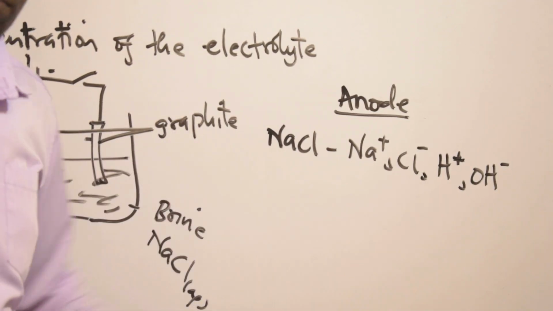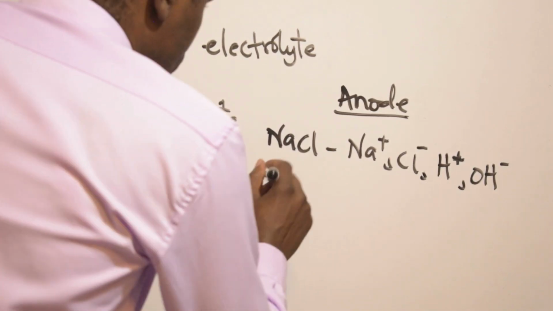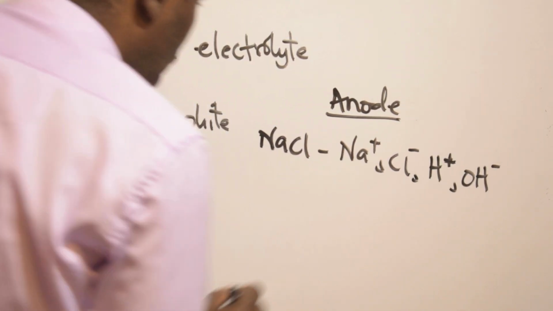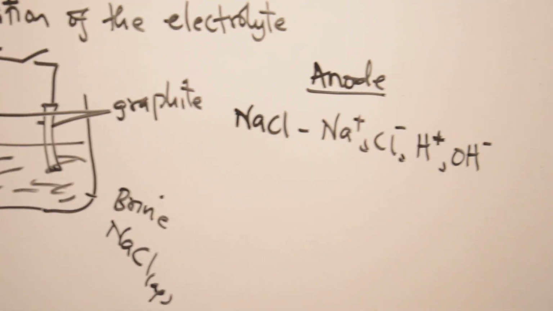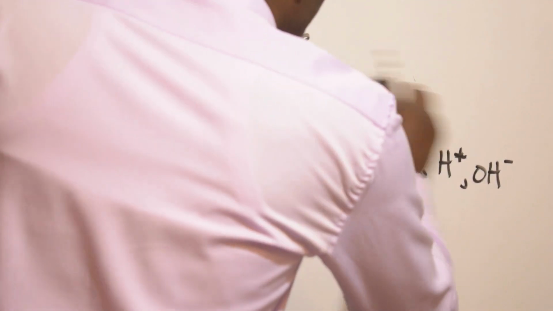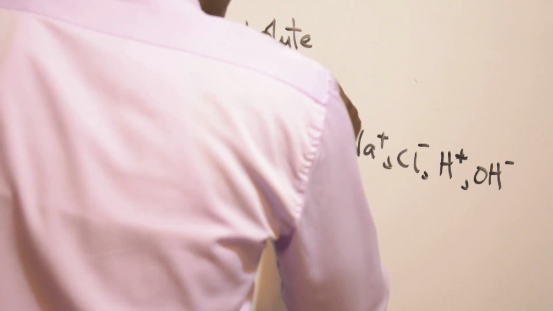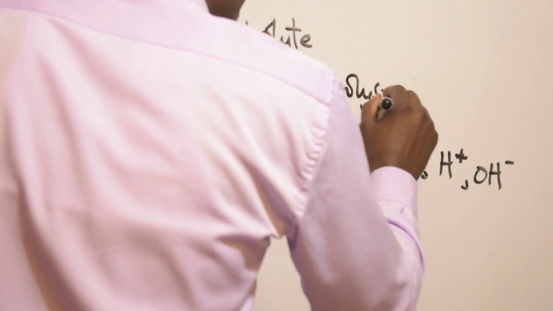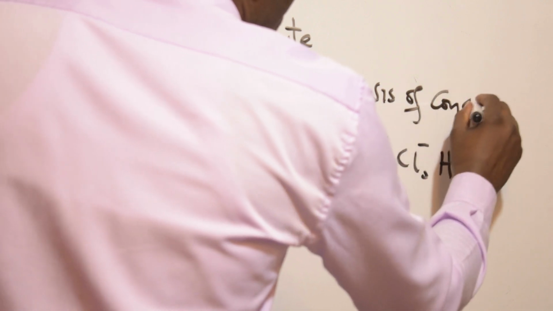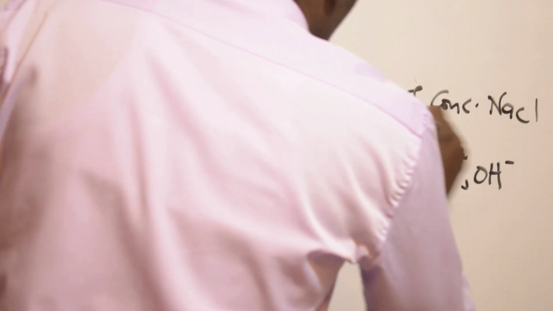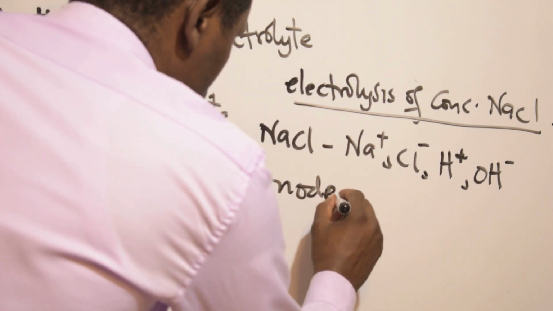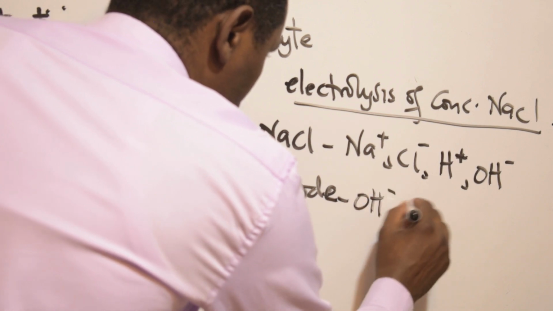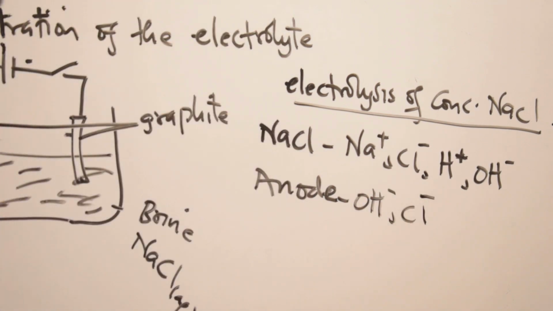So at the anode, let me put this here, this is the electrolyte, or concentrated sodium chloride. At the anode we are going to have the hydroxide ions and the chloride ions being attracted here because they are negatively charged.